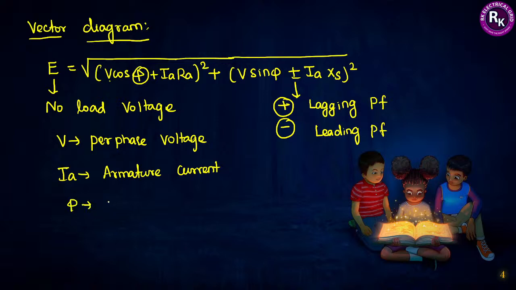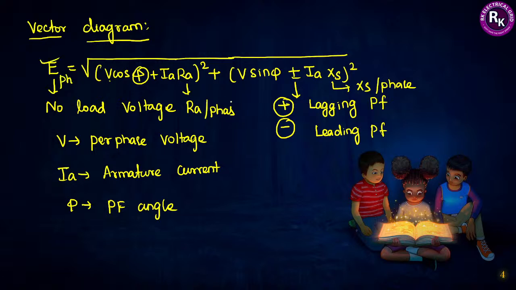After observing all these parameters, you can easily calculate the other values. Ra means armature resistance per phase. Xs means synchronous reactance per phase. So all the parameters are per phase parameters, and the voltage that you are calculating here is also the per phase voltage. Got it? I hope you understood.